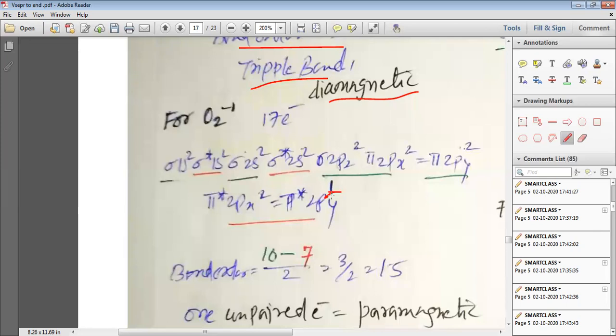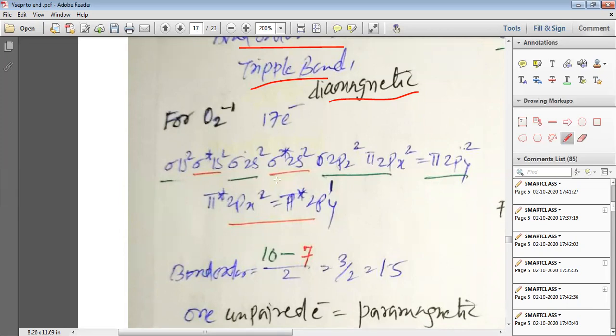So here the 17th electron goes into the pi star 2px, and out of the two pi star orbitals, one pi star 2py orbital remains unpaired, and that is why there is one unpaired electron in O2 minus.